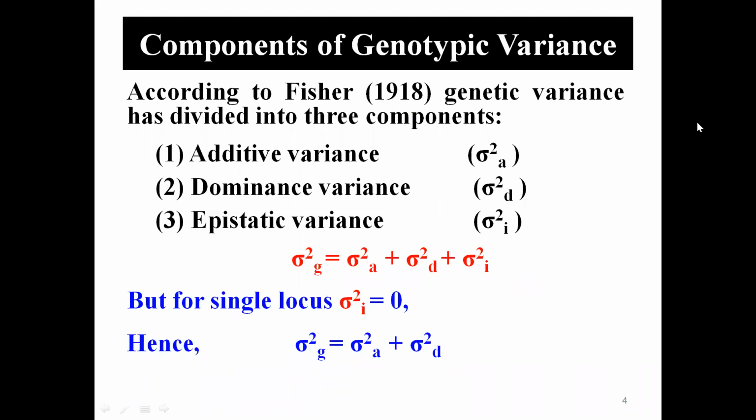According to Fisher, genetic variance is divided into three components: additive variance, dominance variance, and epistatic variance. But for a single locus, epistatic variance is 0, and therefore total genetic variance contains only two components: additive variance and dominance variance.